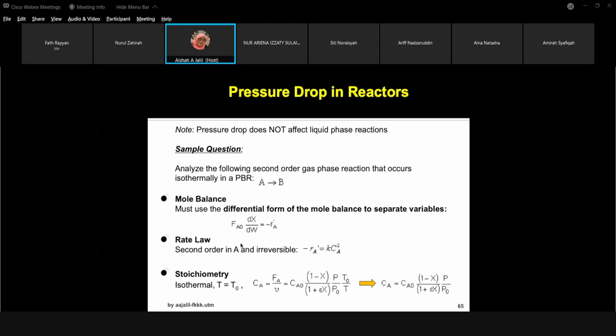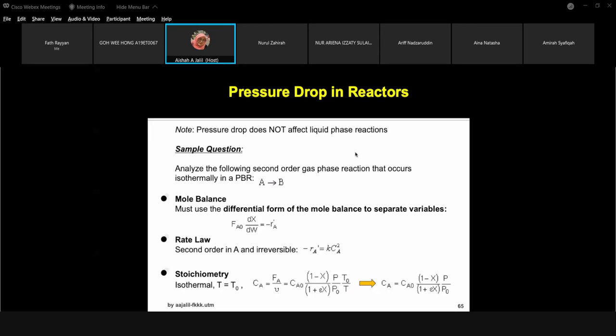Then the last objective is about the pressure drop. What happens if there is a pressure drop in the system? Pressure drop does not affect liquid phase reactions. Why is pressure drop just for gas reactions?